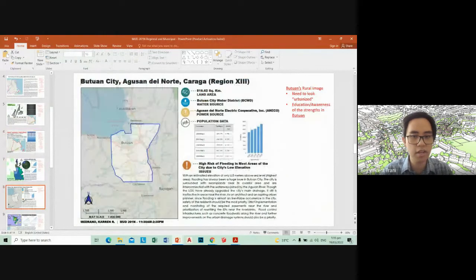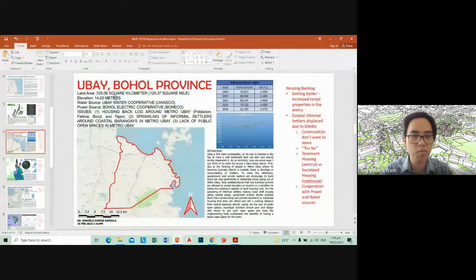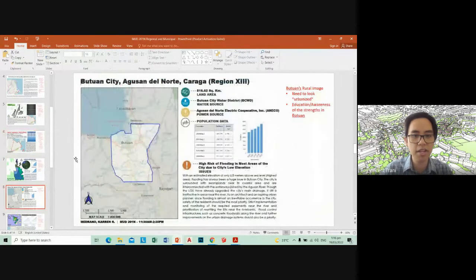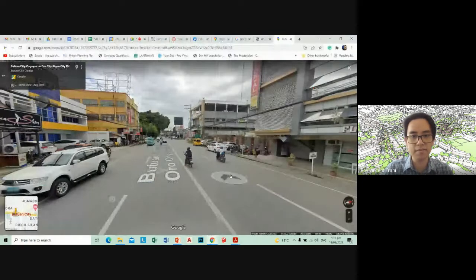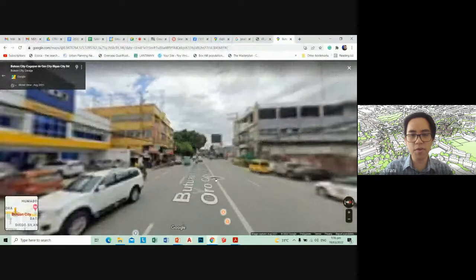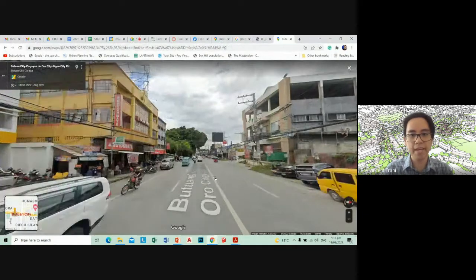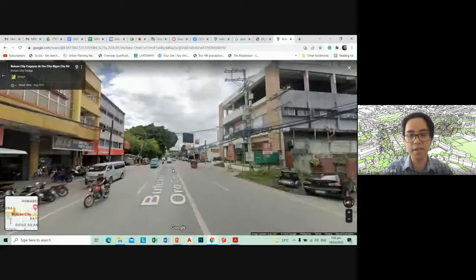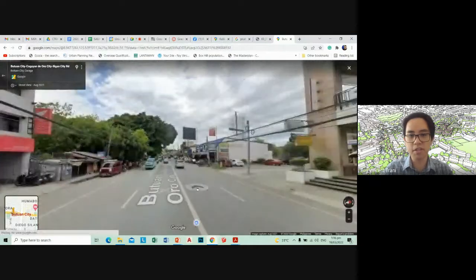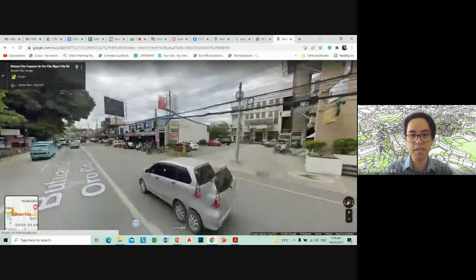So there's really a lot of people here. The area is 816 square kilometers. Bohol is 355. It's just bigger and wider, so you don't feel the denseness. And for urban design, I think it's really just an image problem. We can have some deeper discussion on this in the coming meetings.